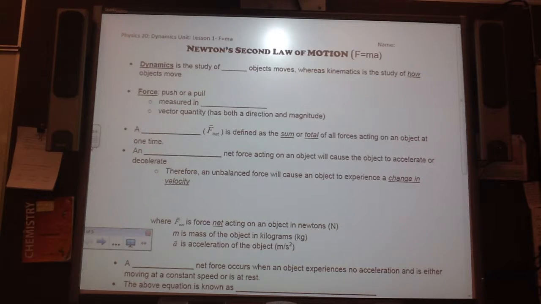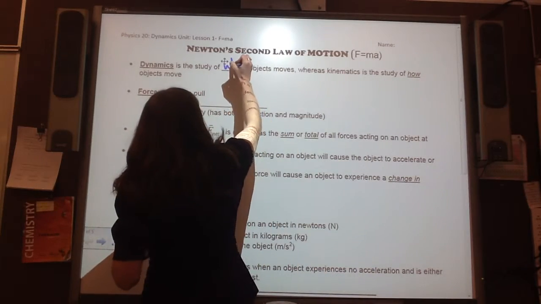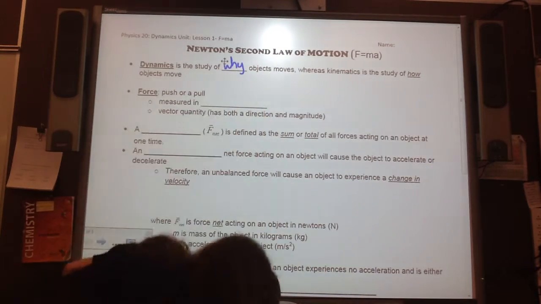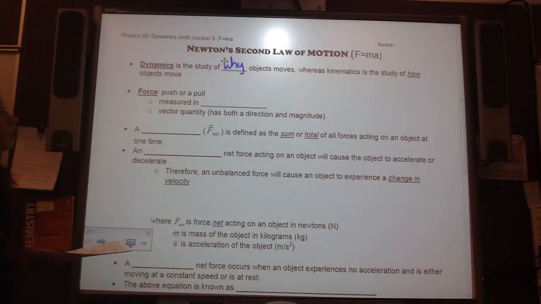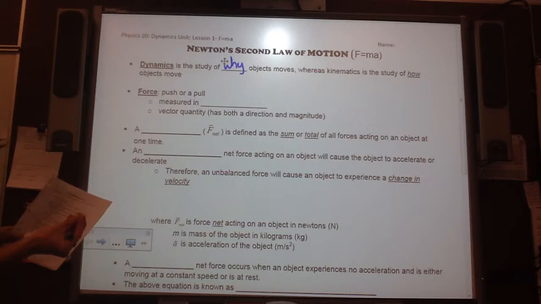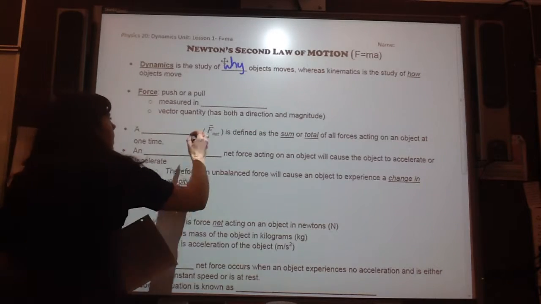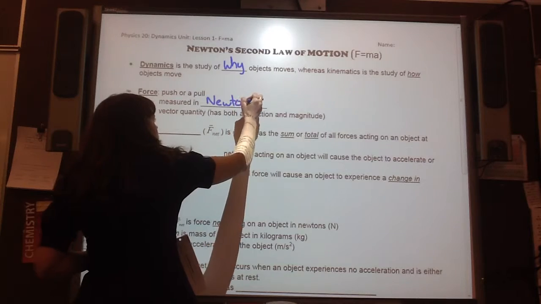As we have already discussed, dynamics is the study of why objects move, whereas kinematics was the study of how the objects move, so if they're accelerating, slowing down, whatever. How this happens is a force, which is a push or a pull. This is always, always measured in newtons.